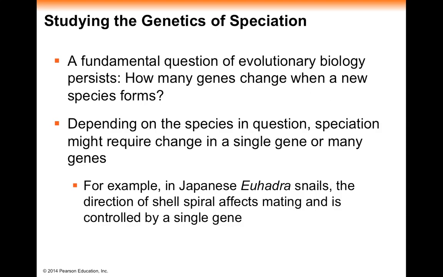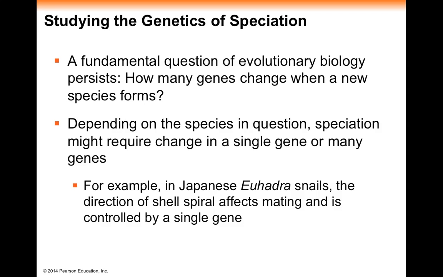So you might wonder, how many genes does it take to describe something as being a new species at the genetic level? And again, it depends on what the species in question is. A single gene may be enough to affect a reproductive barrier.